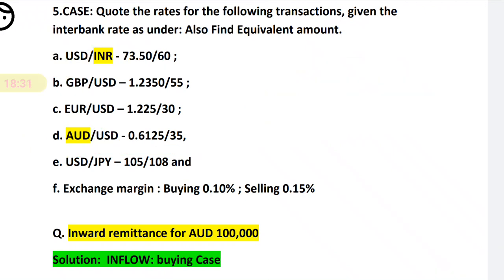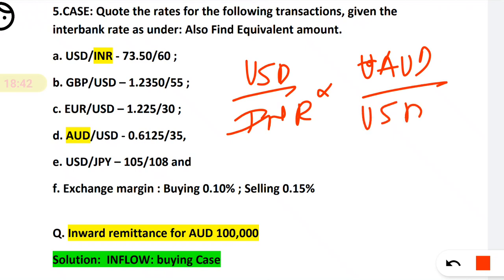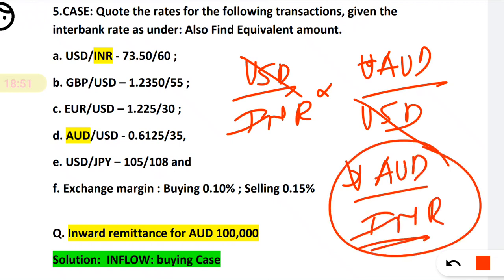Now see, the first equation is USD upon INR, and the second is AUD upon USD. When you multiply, USD gets cancelled, and you get AUD upon INR. How simple it is. You have studied that in your school days. Just multiply, and you will get the required rate.